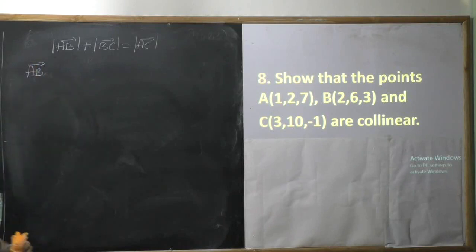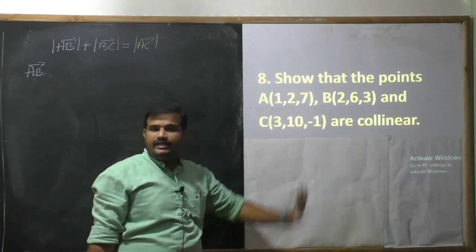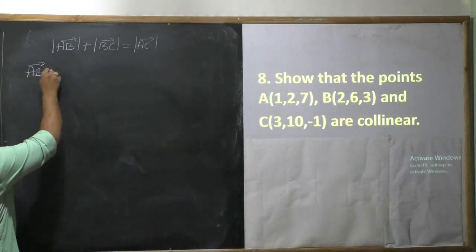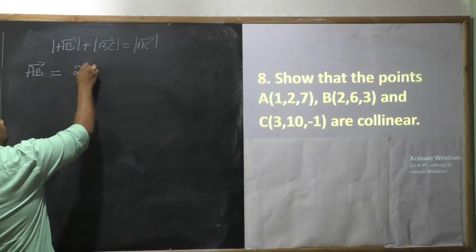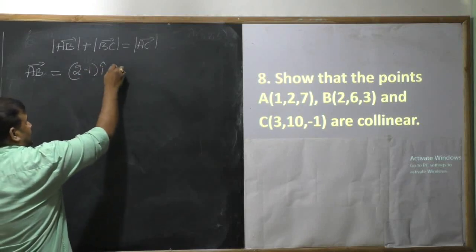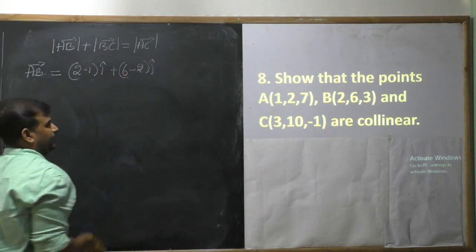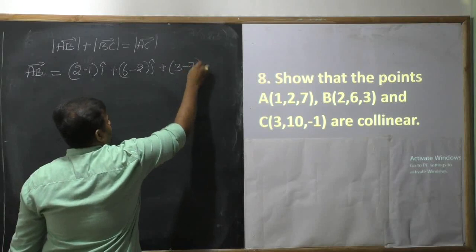What is vector AB? This vector AB is once again a vector joining 2 points. Here A is the initial point, B is the terminal point. So this is equal to 2 minus 1 I cap plus 6 minus 2 J cap plus 3 minus 7 K cap.